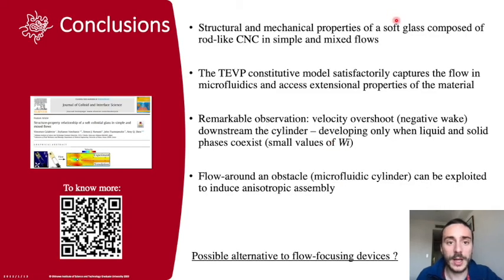And just to conclude, what we have seen in this presentation is something about the structural and mechanical properties of the soft colloidal glass in simple rheometric flow, and also using the microfluidic Oscar device to generate extensional flow, but also mixed kinematics using the microfluidic cylinder as a benchmark microfluidic device.